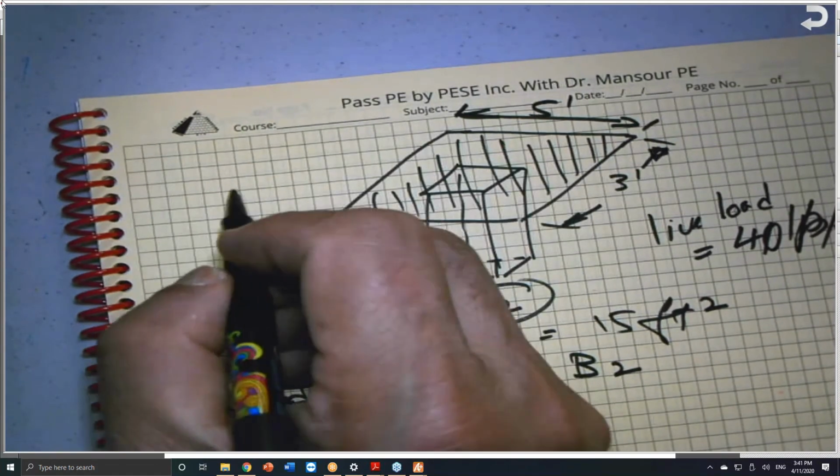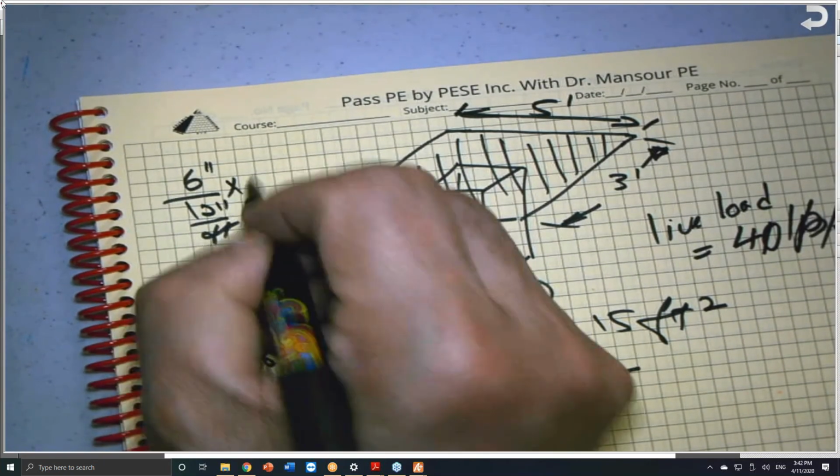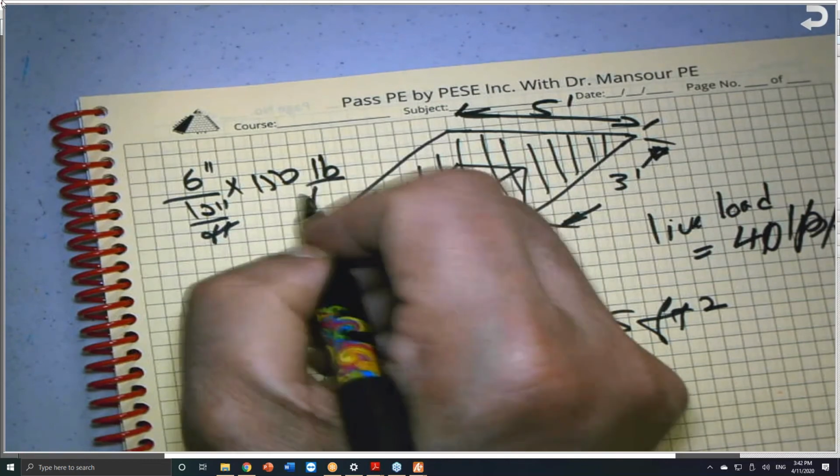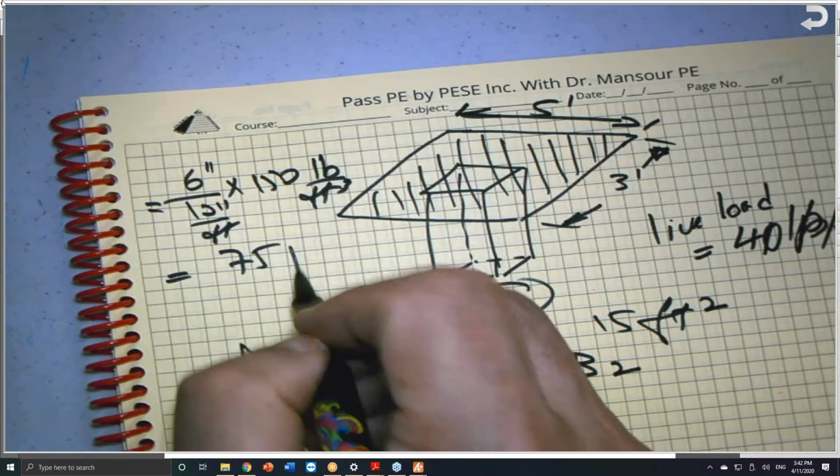And the concrete, I have 6 inches divided by 12 inches per foot times 150 pounds per cubic foot. Units are very important. So this will give you 75 pounds per square foot.